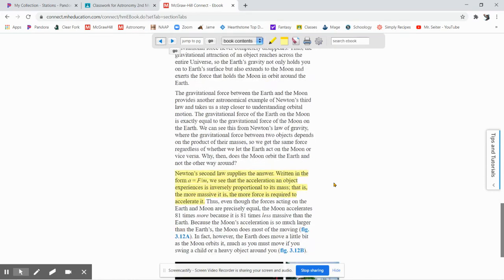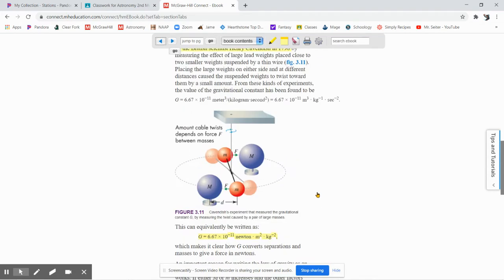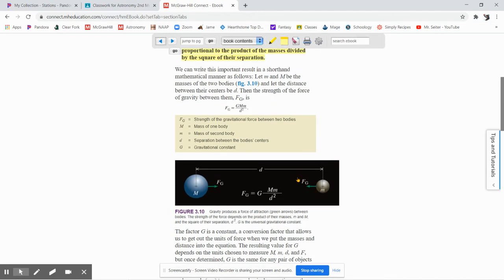The other thing that's so important, and they show this here with the Earth and the moon, is that if we measure the force of the Earth on the moon using this, and then we figure out the force of the moon on the Earth, it balances. It's balanced. If it wasn't balanced, the moon would fly away from us.